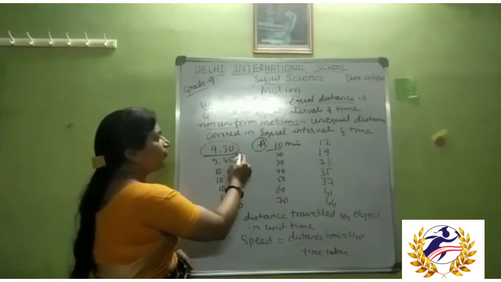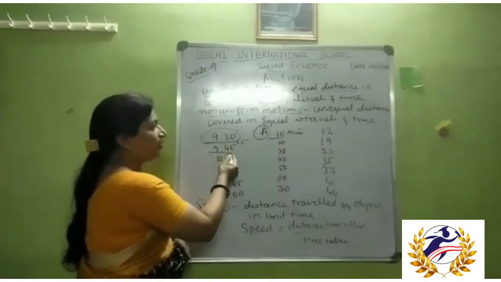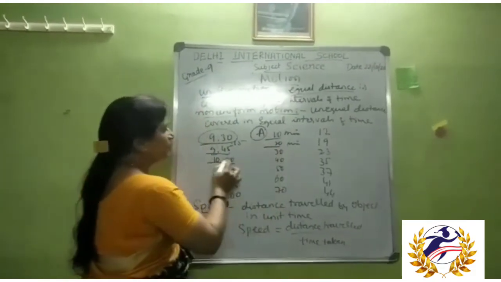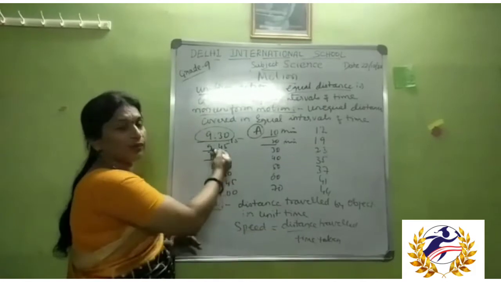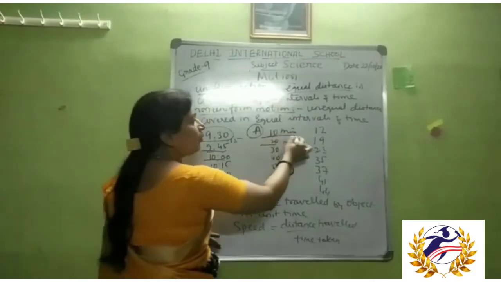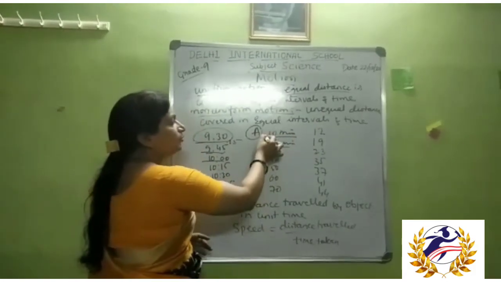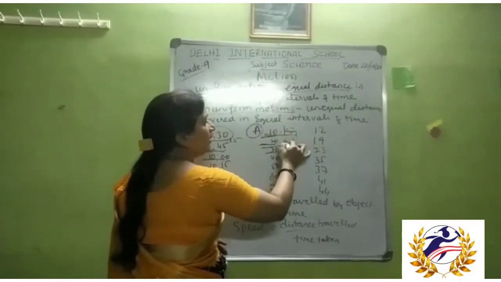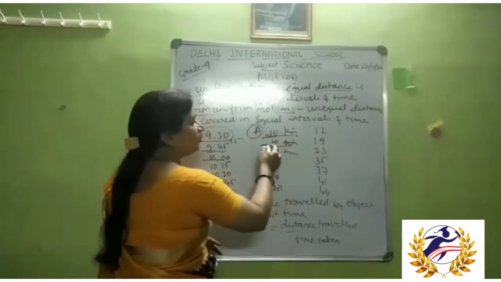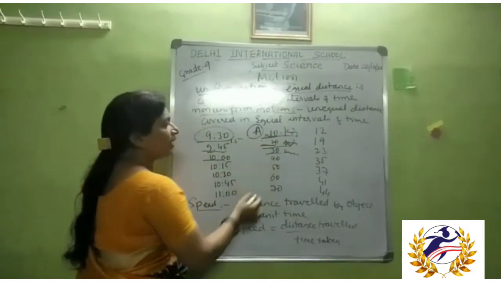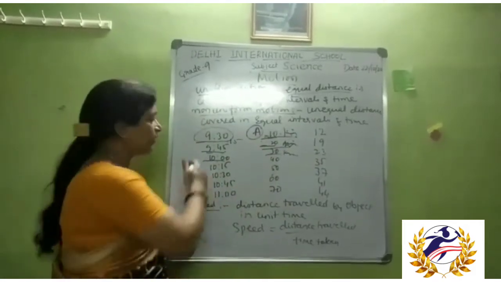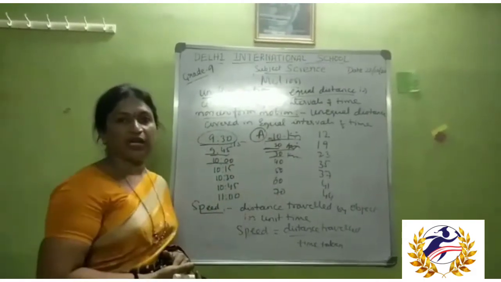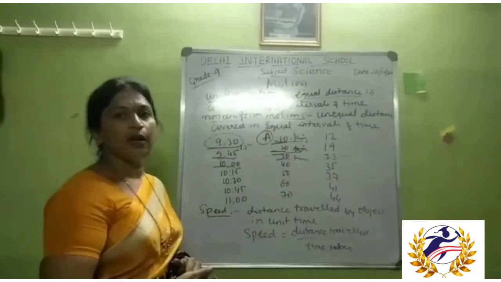In a gap of 15 minutes, that is at 9:45, it has traveled 20 kilometers. In every 15 minutes it has covered the same distance, 10 kilometers, 20 kilometers, 30 kilometers. That means it has traveled 10 kilometers in every 15 minutes. That is uniform motion it has maintained.